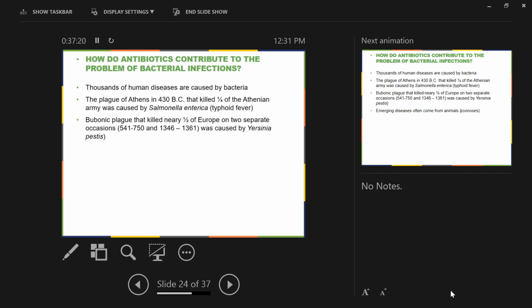Bubonic Plague killed nearly half of Europe over two different periods, 541 to 750, and again around 1350 to 1360. Yersinia pestis, and this is like a gift that keeps on giving. Every year there are about 5 to 20 cases of bubonic plague in just the United States. Worldwide, I don't know what the numbers are, but this is a bacterium that just keeps cropping back up.